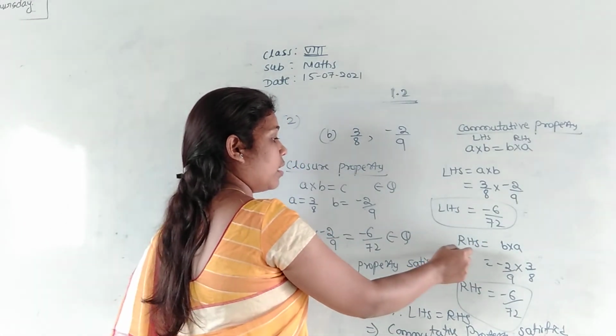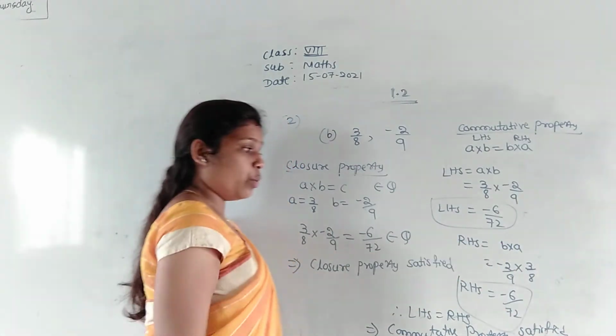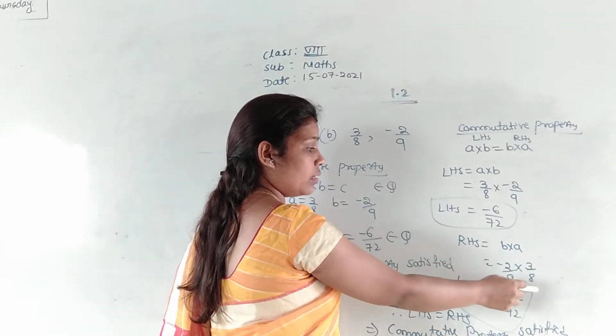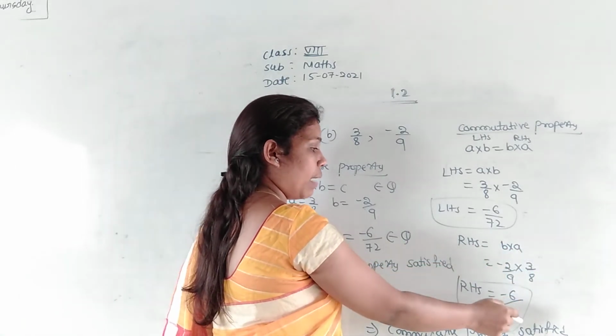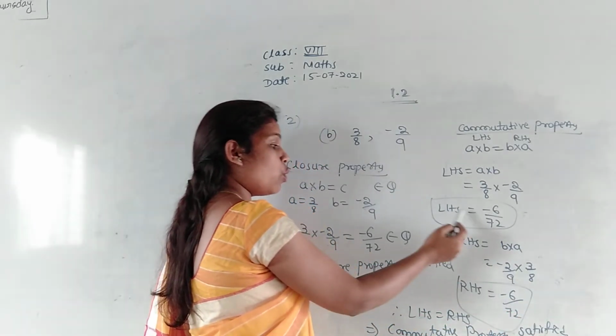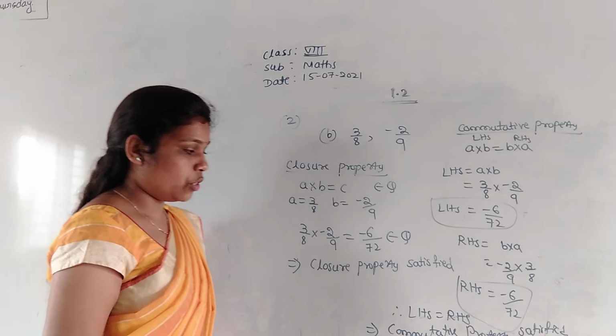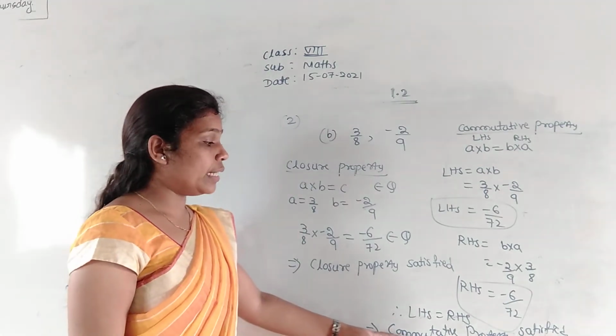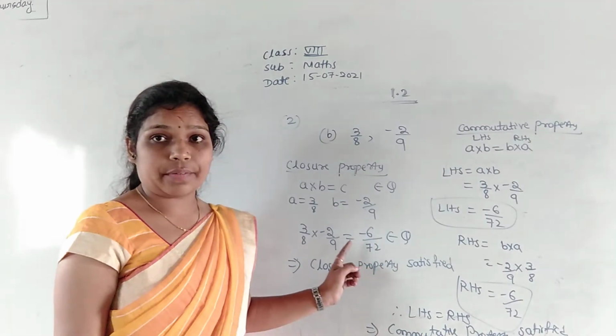Same as here, RHS. RHS means B into A. B means minus 2 by 9 and A's value is 3 by 8. So minus 6 by 72. So RHS we got as minus 6 by 72. So LHS is equal to RHS. What can we say here? Commutative property is satisfied.